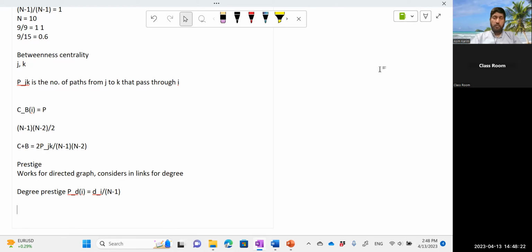The second prestige, which is very similar to closeness centrality, here we call proximity prestige.